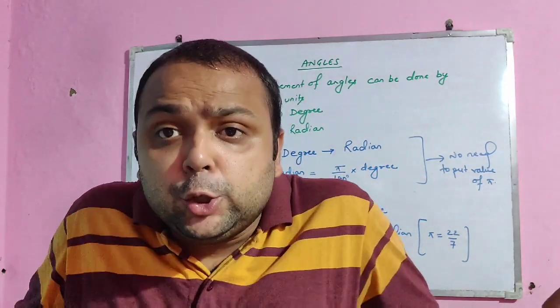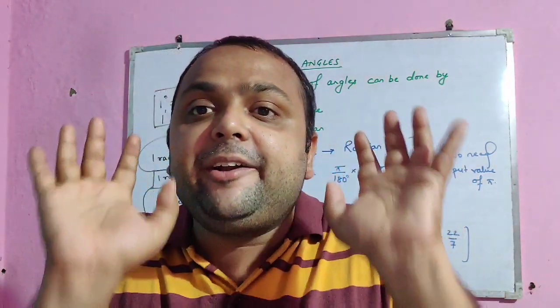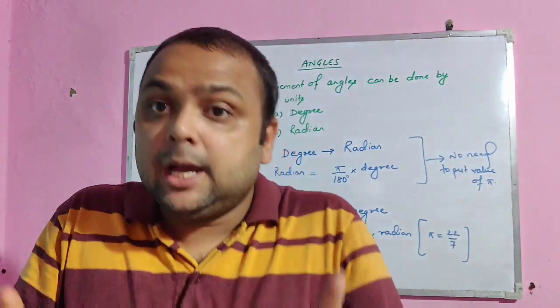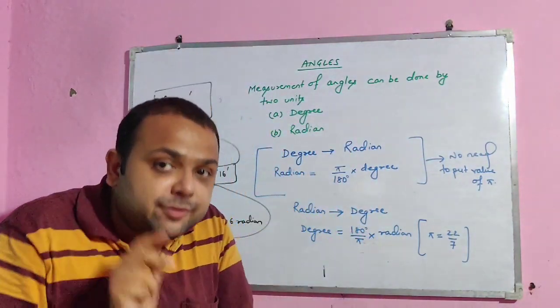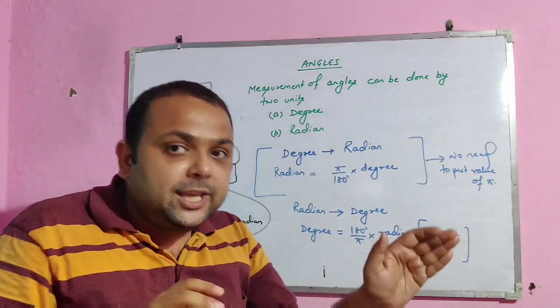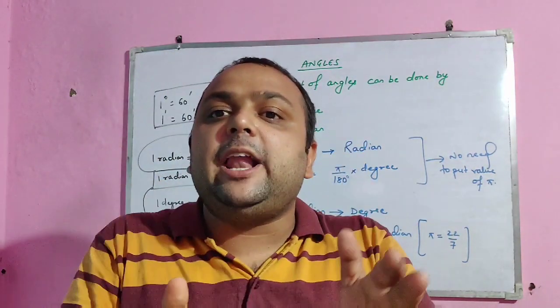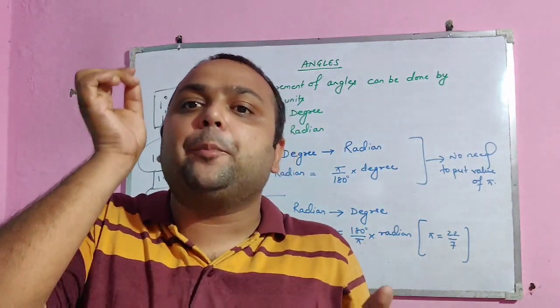You don't need to put the value of pi, it remains as pi only. And if you are doing the converse, that is radian to degree, you should multiply the value of radian with 180 upon pi.